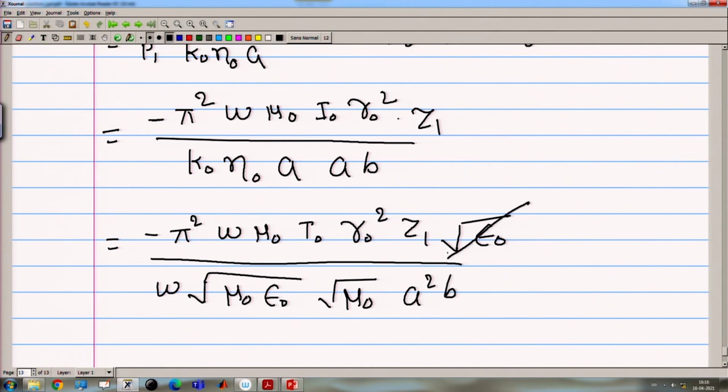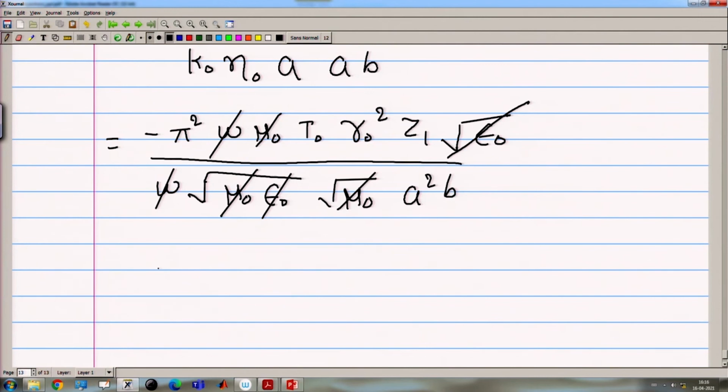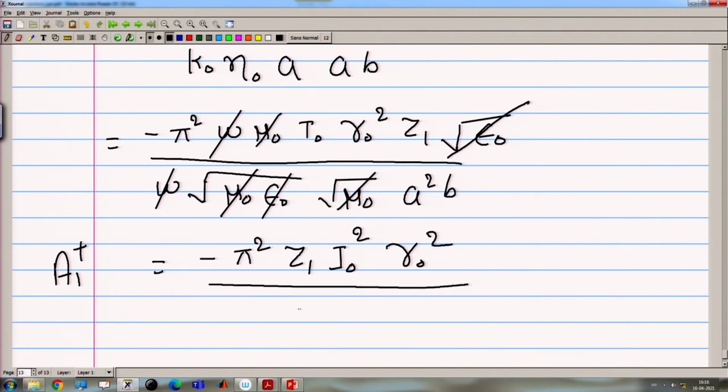So, the epsilon naught cancels, one mu naught will be cancelled, and here 2 mu naught. So, this mu naught and mu naught will be cancelled, omega will be cancelled. So, the final answer will be, so this is a 1 plus, minus of pi square z 1 I naught square r naught square divided by a square b. So, this is the amplitude for the positive travelling wave.